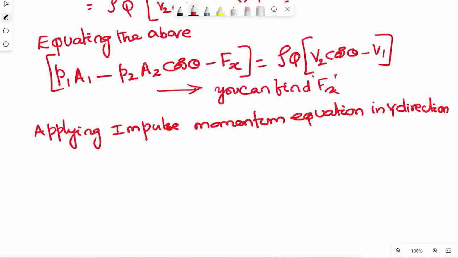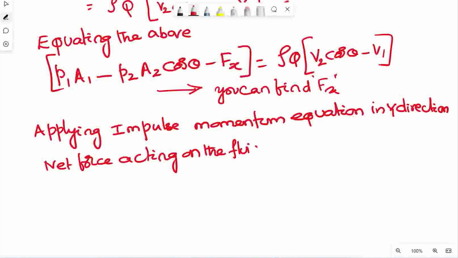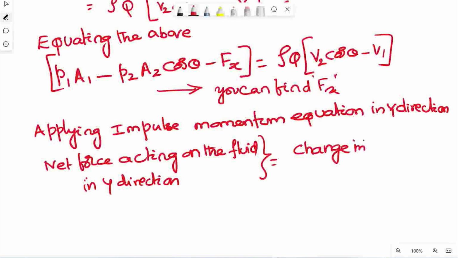right? Again, what we have to write is the net force acting on the fluid in the y direction is equal to the change in momentum per second in y direction.